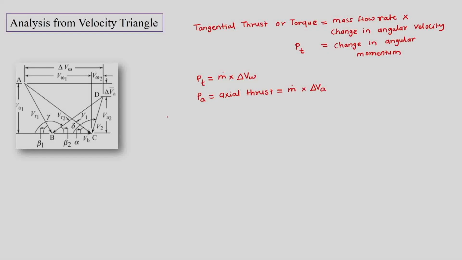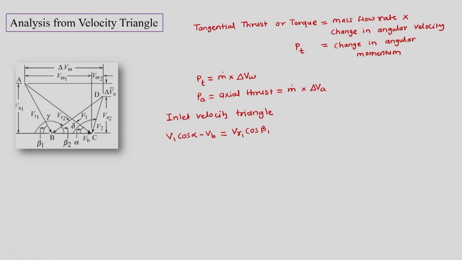So, let us consider the inlet velocity triangle. From the inlet velocity triangle, we can see that V1 cos alpha minus Vb is equal to Vr1 cos beta 1.